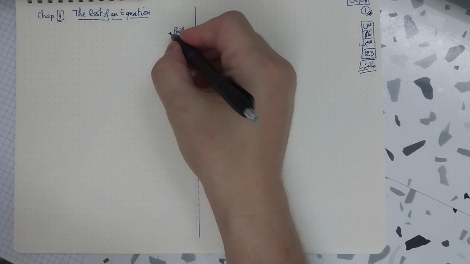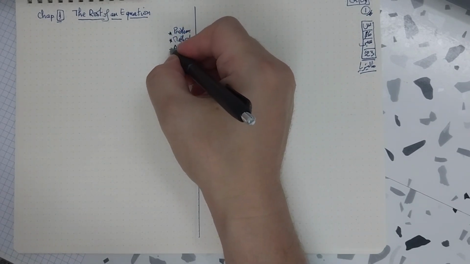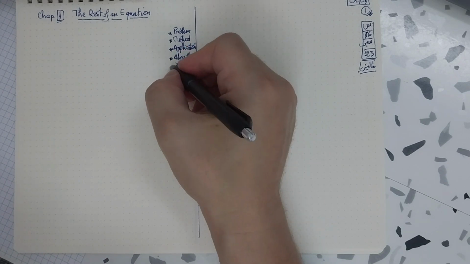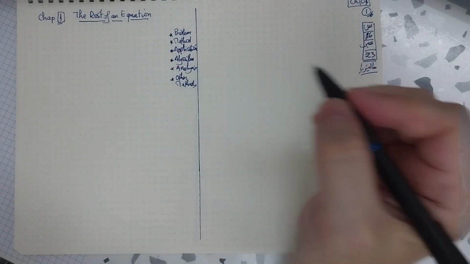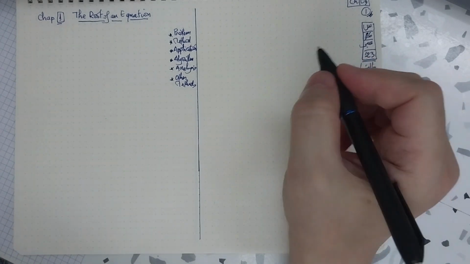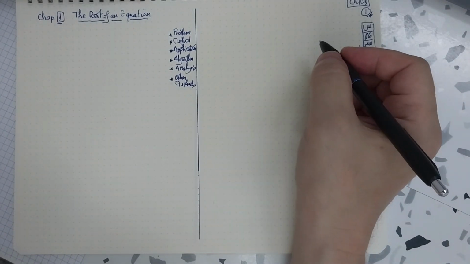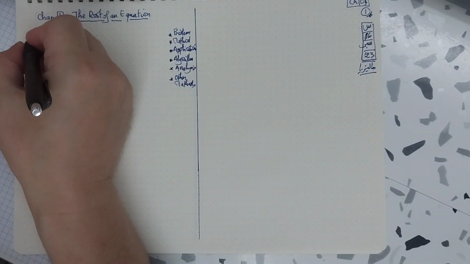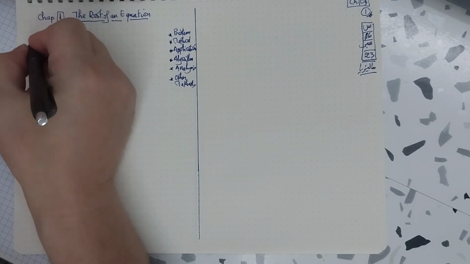I will subdivide this chapter in 6 sections. In this first lecture, we start with the problem. So first of all, we define rigorously the problem.